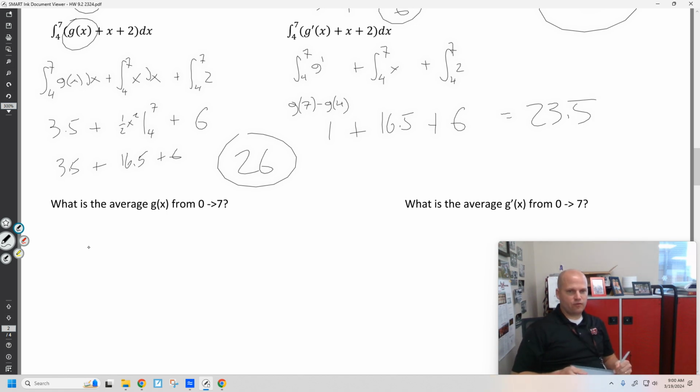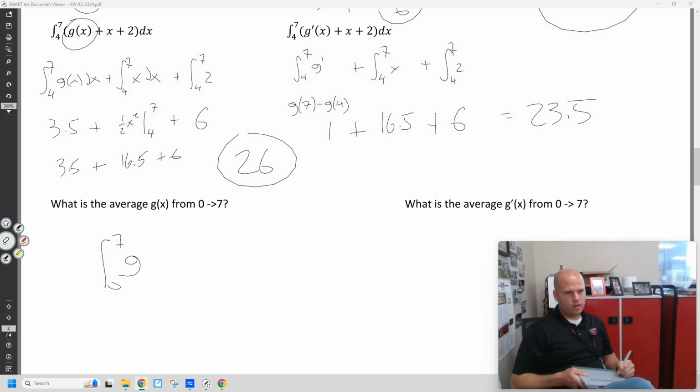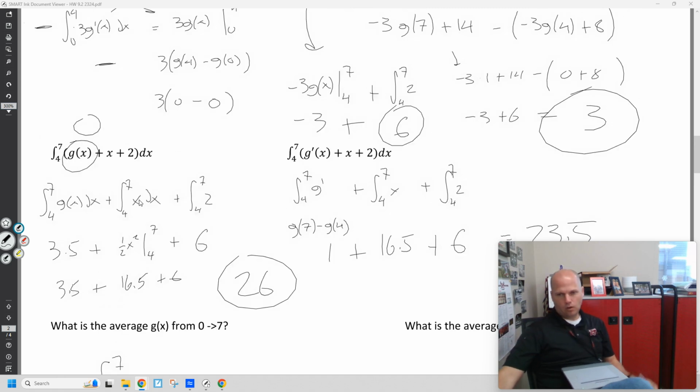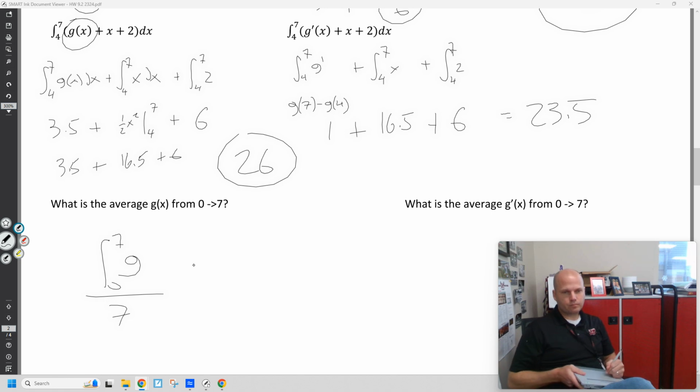It's the average g from 0 to 7. That. Or accumulate g and then divide by 7. Or divide by the interval. This is g. The accumulation of g is 3.5 minus 2 pi over 7.